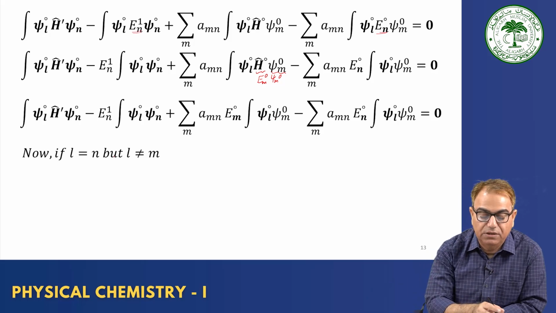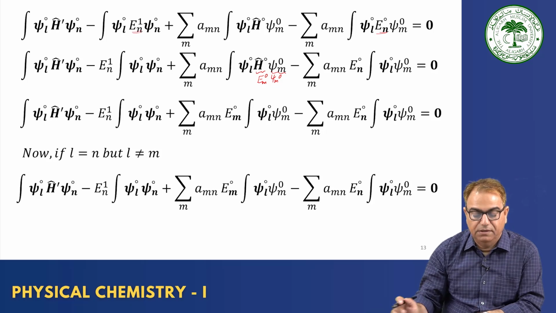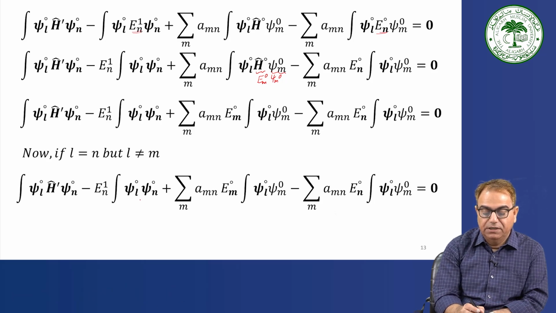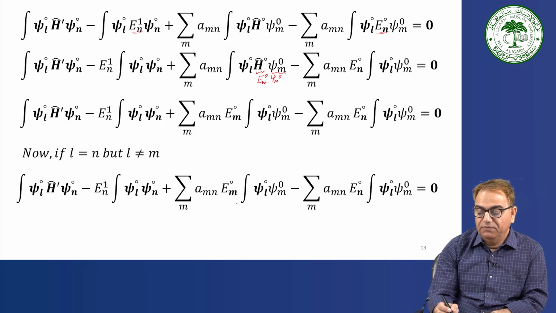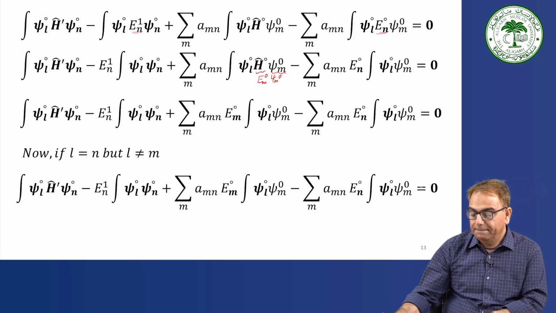Now if L is equal to N but L is not equal to M, what will happen? If L is equal to N, so psi L naught H prime psi n naught minus En1 psi L naught psi n naught delta, then Amn, Em naught will remain here, psi L naught psi m naught minus Amn psi n naught psi L naught psi m naught.